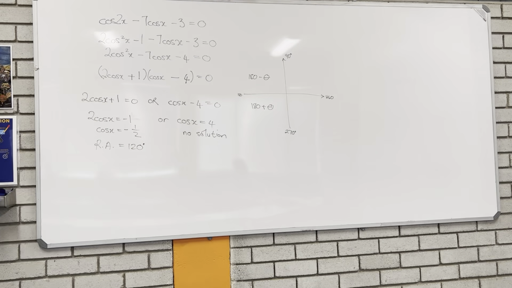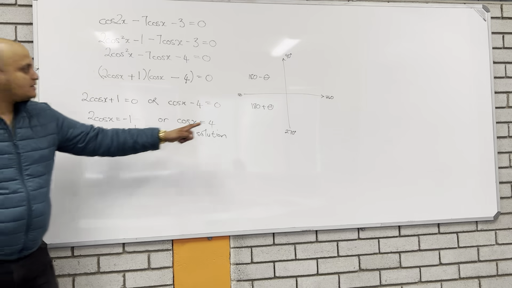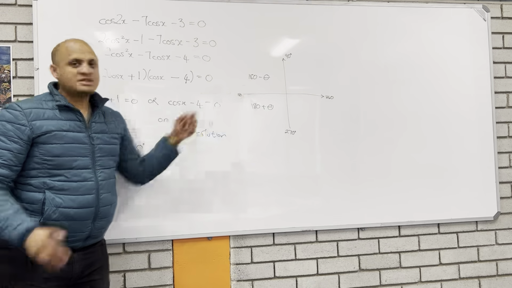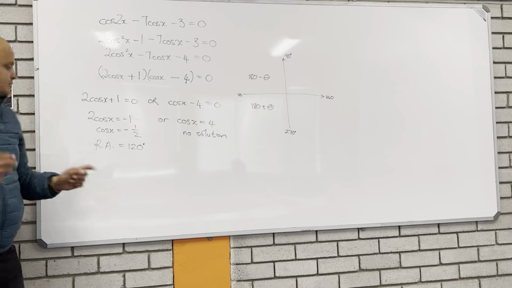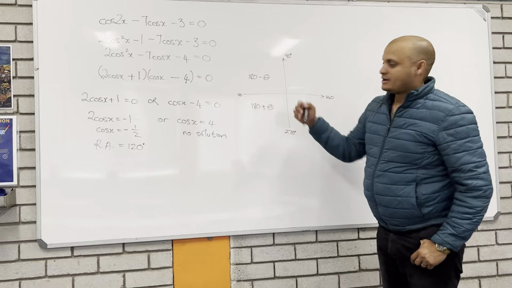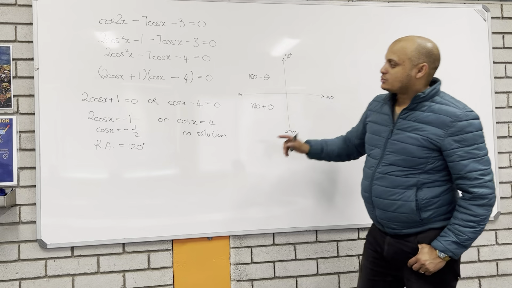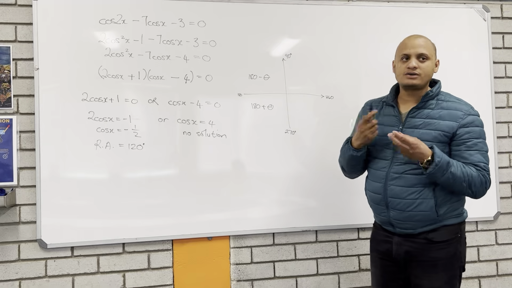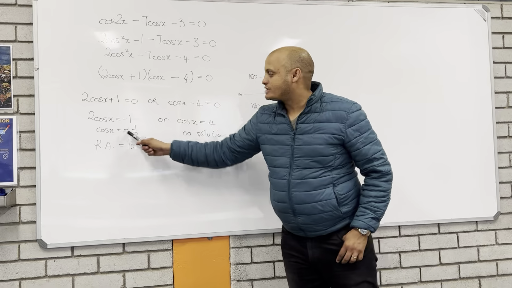So the reference angle is 60, and the angle is 120. But we know that in order to get 120, I need to subtract 60, right? And that means my angle I'm working with is still that 60. I say 180 minus 60, and the other quadrant where cos is negative would be the third. So the first thing you ask yourself is, where is cos negative?